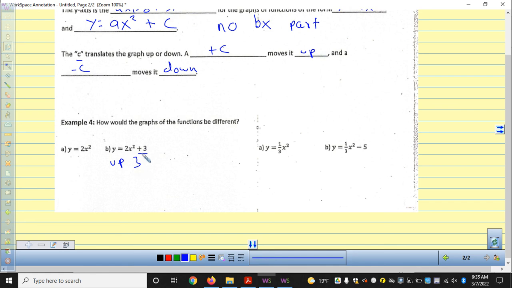That's how this graph would be different from this graph, because everything else is the same. And we'll draw little sketches of this in just a second. Well, here we want to know how A and B are different. Well, the 1/3 x squared is the same, but this has a -5. So this would be shifted down 5.